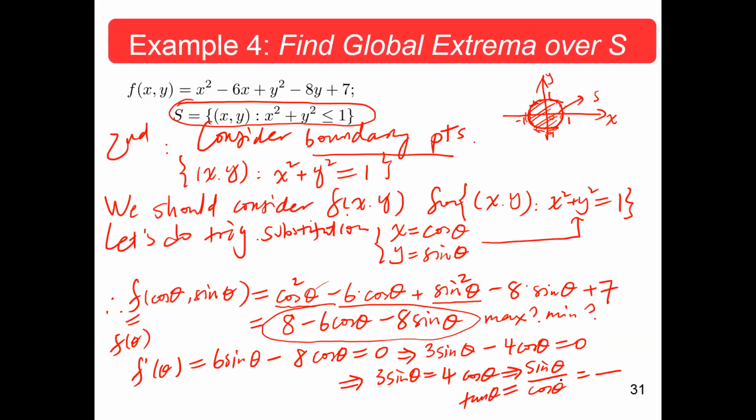Tangent theta is sine over cosine. According to this, we have 3 sine theta equals 4 cosine theta, so tangent theta should be 4 thirds. However, this still doesn't tell us where exactly those x and y's are.